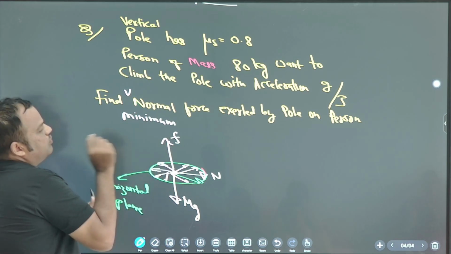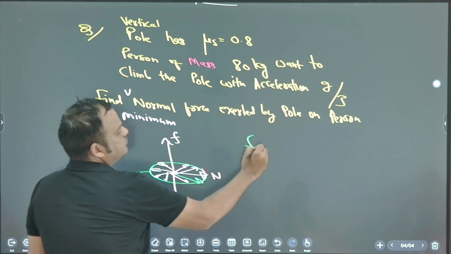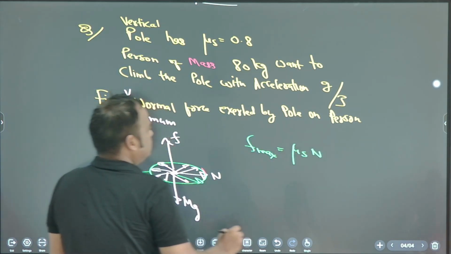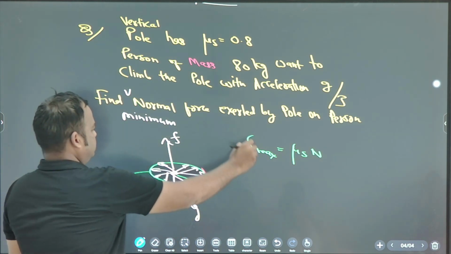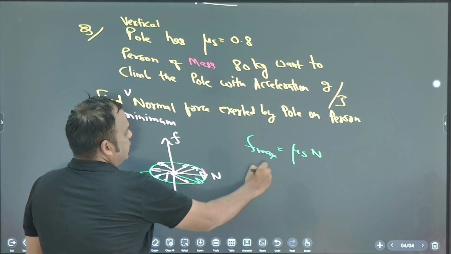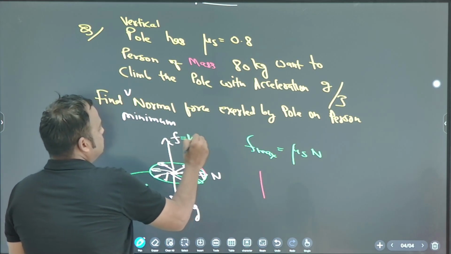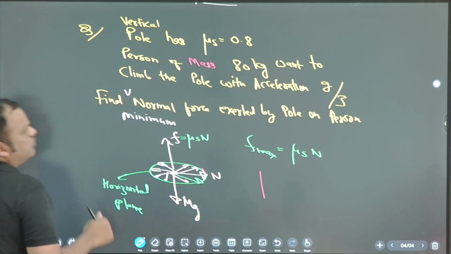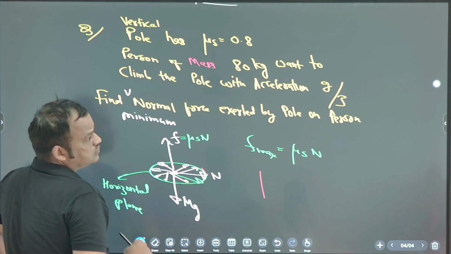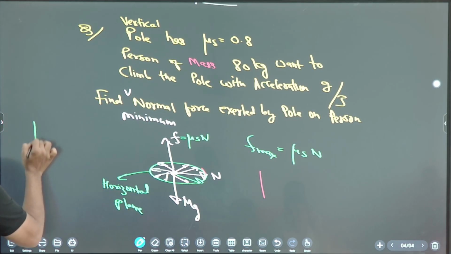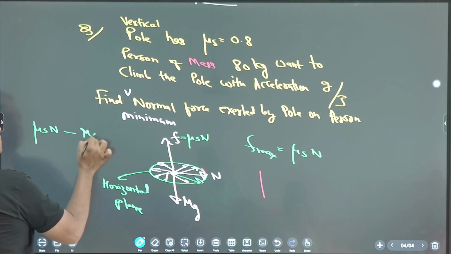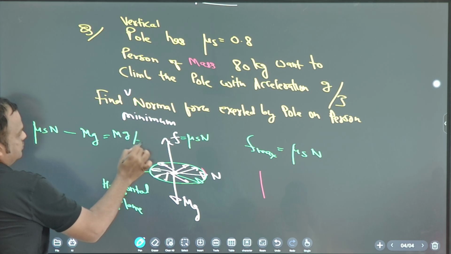So what is the maximum value of friction? You know it. Mu s N, correct? So it will act upward. Mu s N will act upward. mg will act downward. What is the acceleration I want? g by 3. So mu s N minus mg is equal to ma.